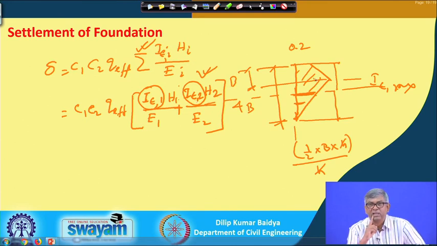But for the first layer, how to find the IE? Here, since it is irregular, I can divide the first layer again into two parts. This is one part and this is another part.